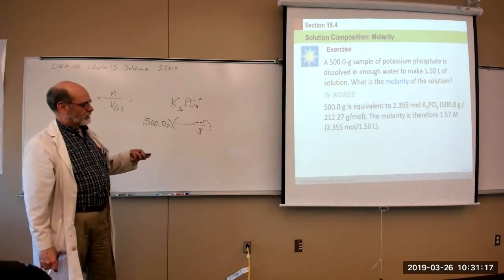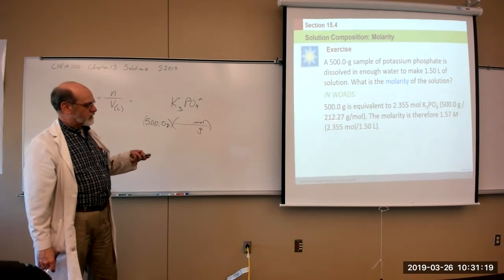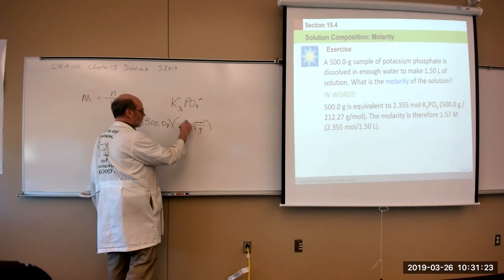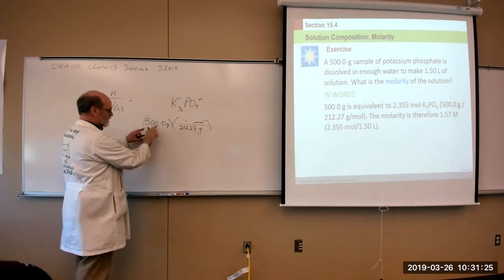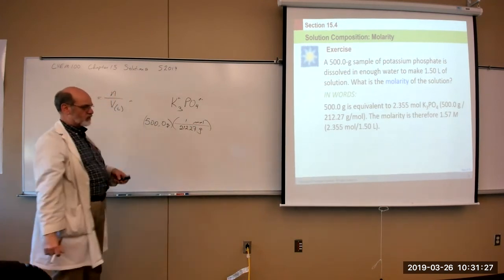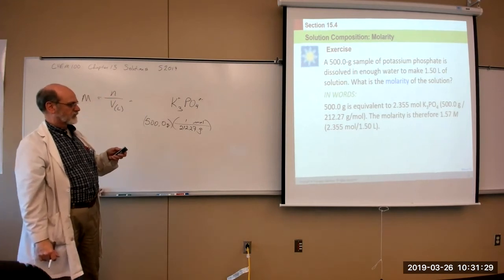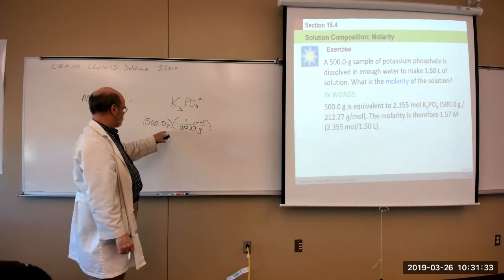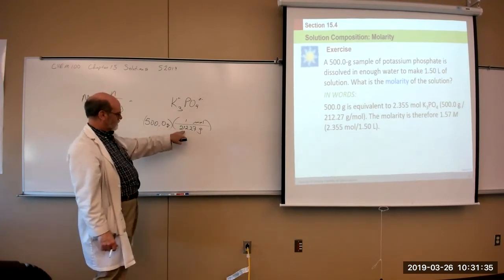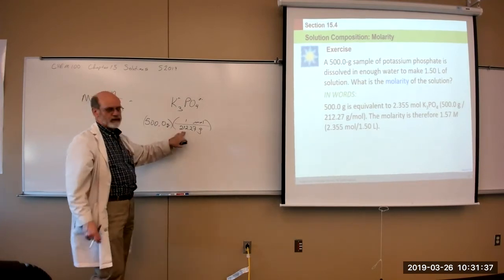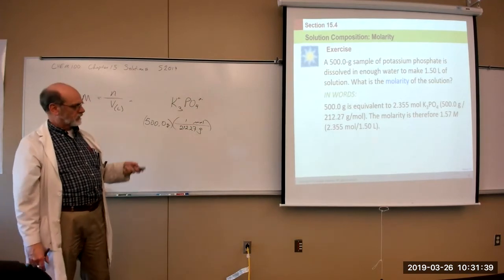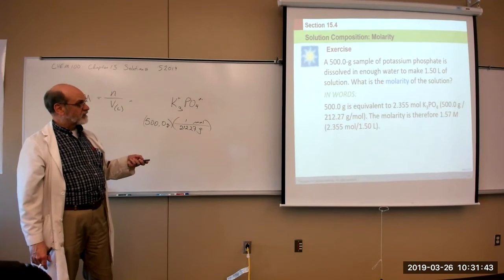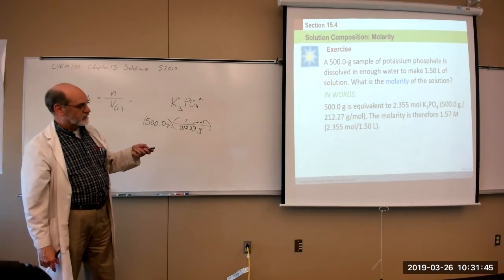Okay. 212.27 grams per mole. So then you divide this into that, and it's a little less than 2. Wait a minute. Or is it 2? 212? Oh, it's greater than 2. Right. If this were 250, it'd be 2, so that would be greater than 2. Oh, there it is. So you've got that many moles in this many liters.